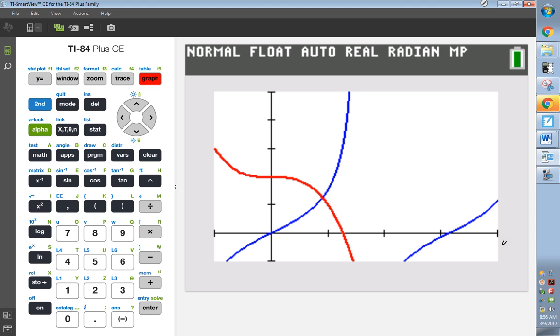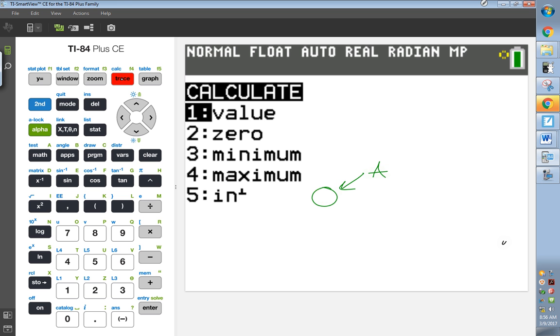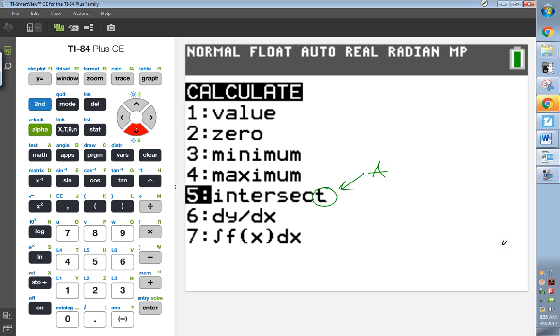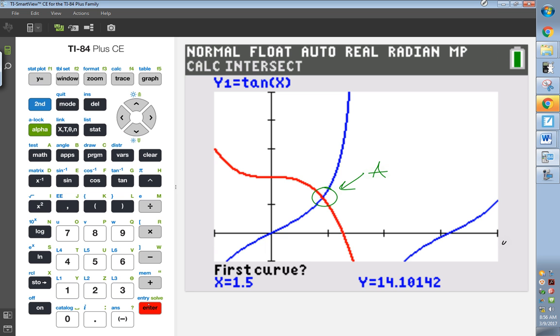We said we needed 2 values. One of the values we needed was this thing right there. I want to know that because it's going to be my A. How do I find out where those 2 lines cross? Intersection. I'm going second, calculate, intersection. I want to know what A is, so I'm going to move my cursor until I think they're intersected, about where they're on top of each other.